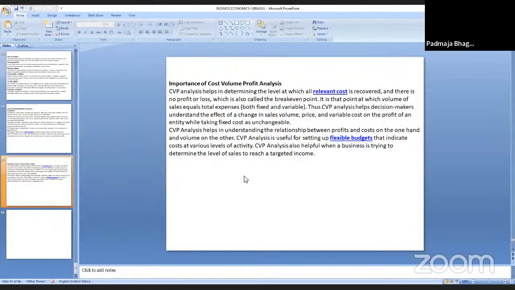Can anyone show me the textbook? Yes, ma'am. See here, it is given complete, it is business economics. Someone asked me, BA economics and BCom economics are totally different.